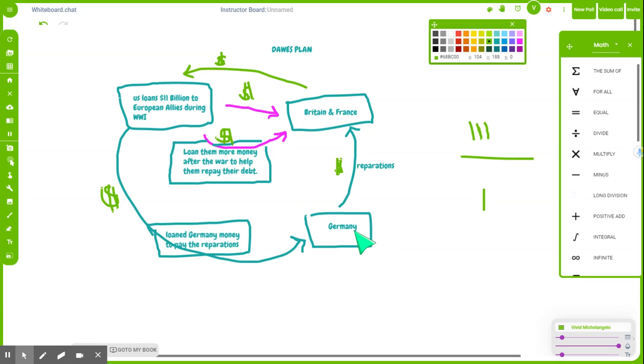Here's the other side. Germany does not have a market to sell German goods because Americans aren't buying German goods, they're buying American goods. And Britain and France have lost a huge market in the United States because Americans are not buying British or French goods. Americans are buying American-made products.